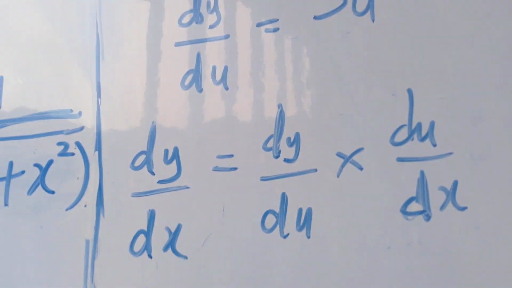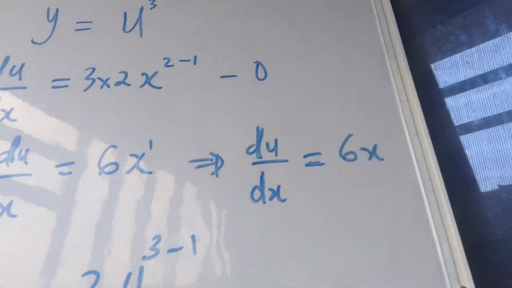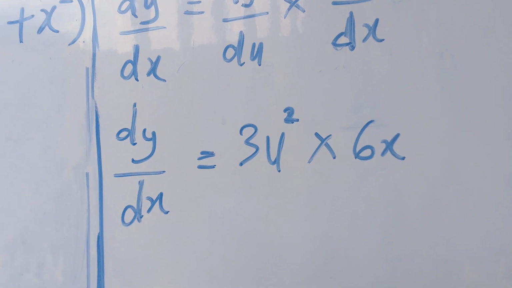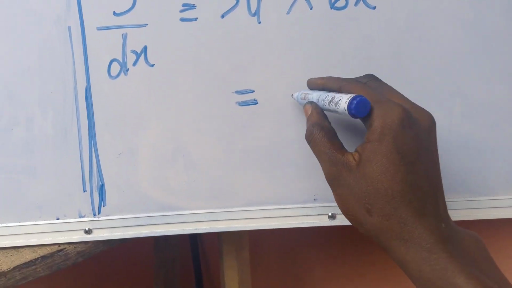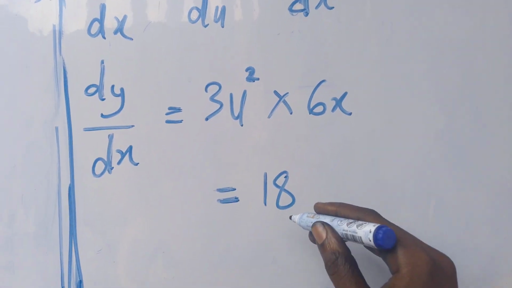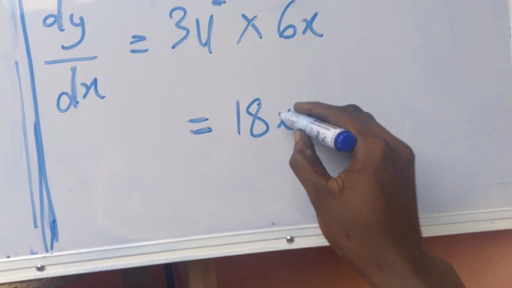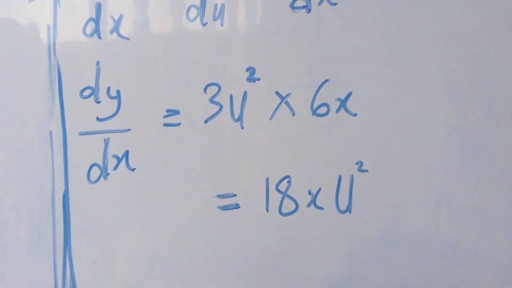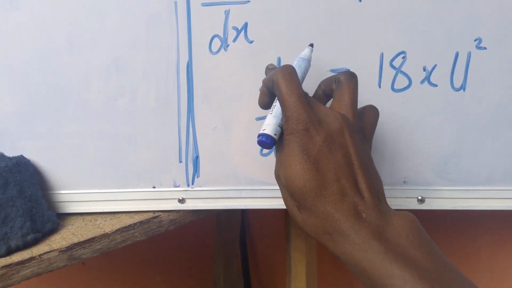So this is dy/du, we had it as 3u squared, and we had du/dx as 6x. So 3 times 6 is 18xu squared. Okay, that is dy/dx.